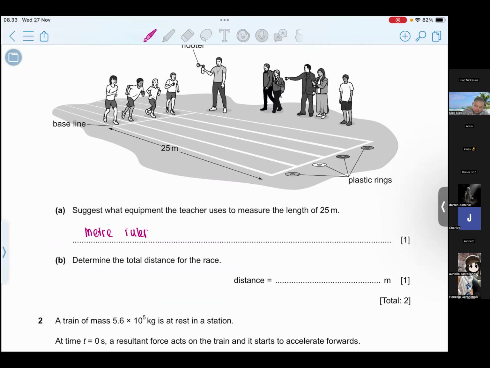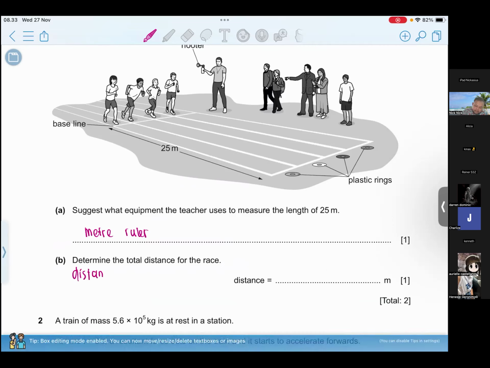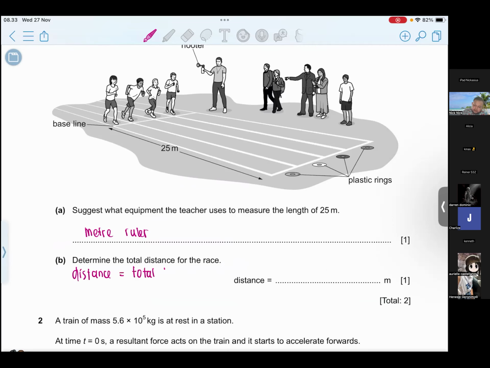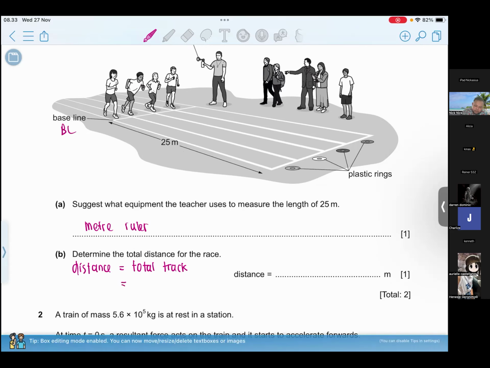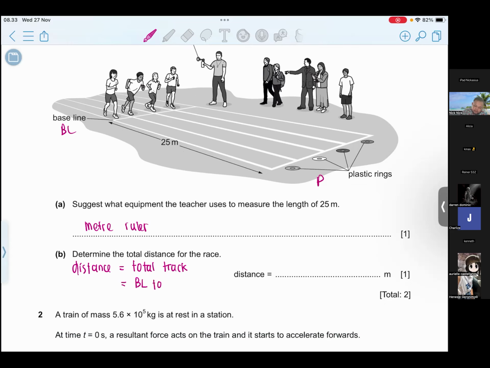Let's say the baseline is BL and the plastic ring is P. The total track is from baseline to plastic ring plus from plastic ring to baseline, so it is 25 plus 25. You get 50 meters. Understand? Okay.